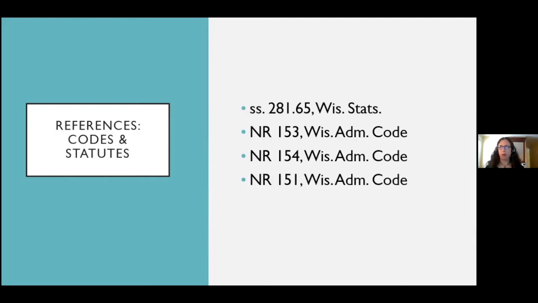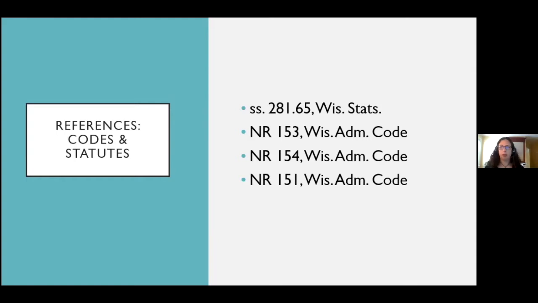The TRM program exists under the authority established in Statute 281.65 and NR 153. NR 154 identifies best management practices, technical standards, and cost share conditions that apply to the department, state agencies, governmental units, the Board of Regents, and cost share recipients when serving to provide or received cost share funds under Chapter NR 153 or NR 155.